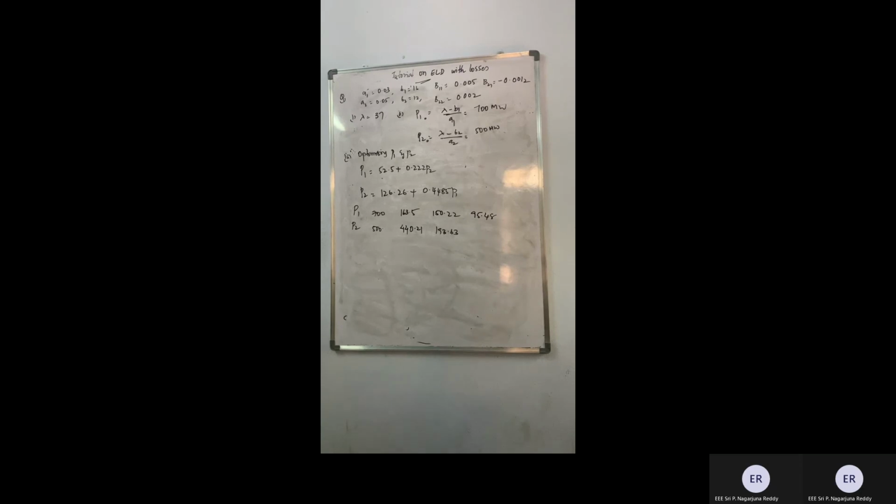I think there was a mistake here. This is 62.5. This is 199 actually. This is 199.8. 199.5.